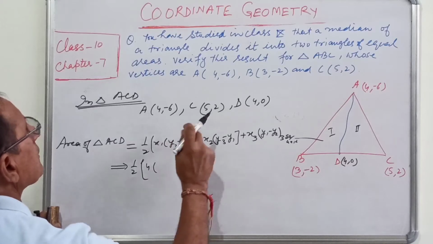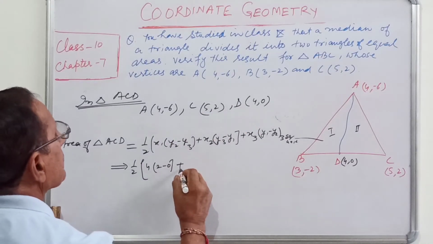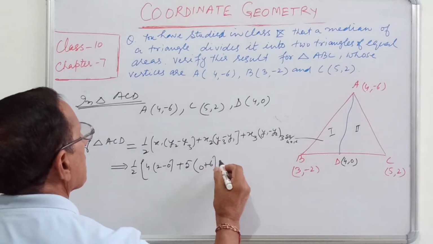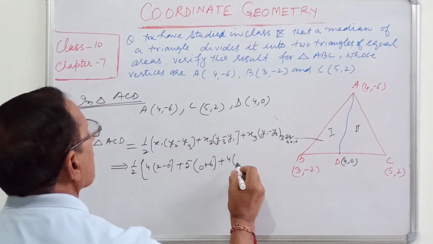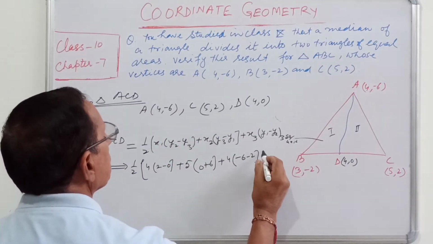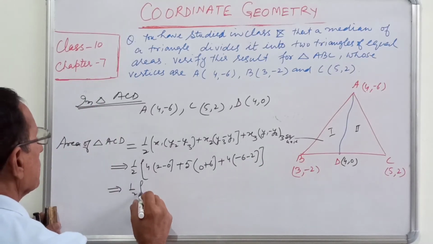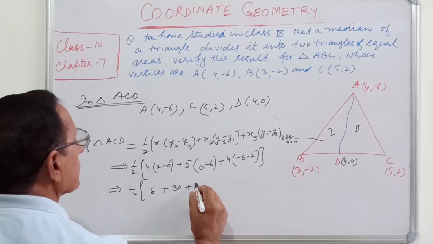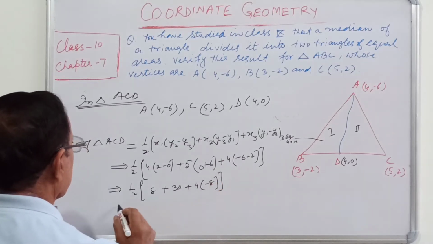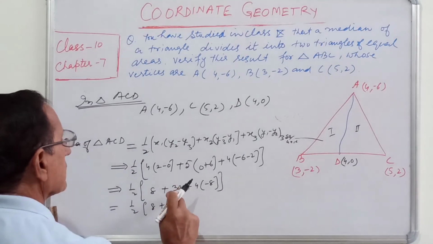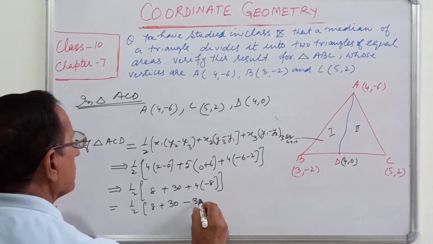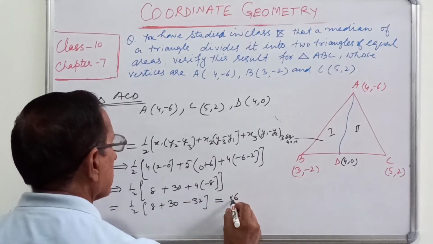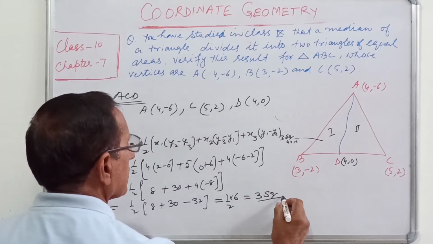x1 is 4, 2 minus 0, x2 is 5, y3 is 0 plus 6, 4, so minus 6 minus 2. 1 upon 2, 4 into 2 is 8, 5 into 6 is 30 and this becomes plus 4 into minus 8. 1 upon 2, 8 plus 30 minus 32, that is 6, and multiplying by 1 upon 2, that is again 3 square units.